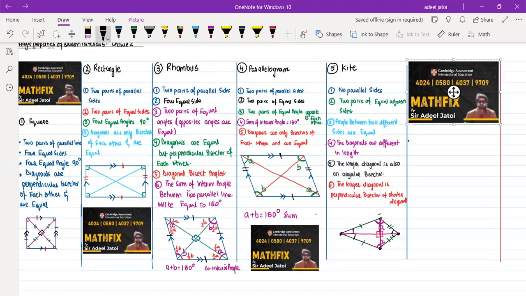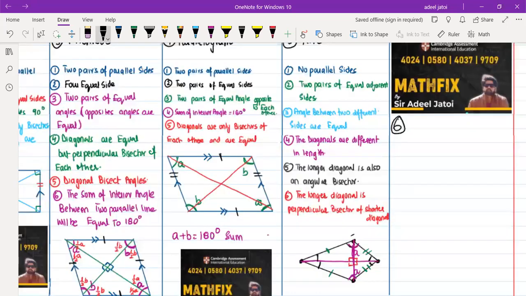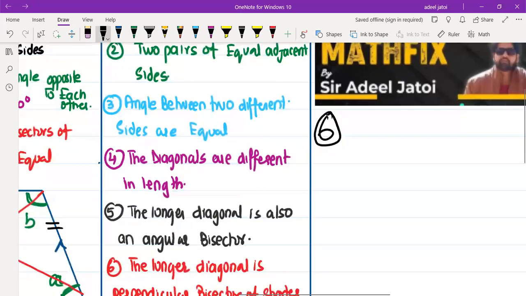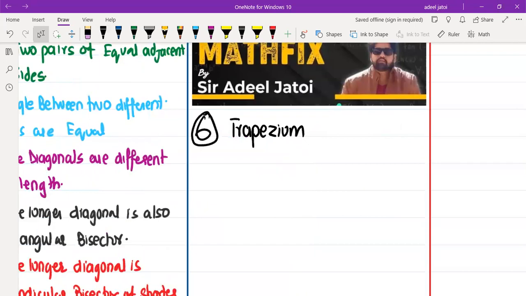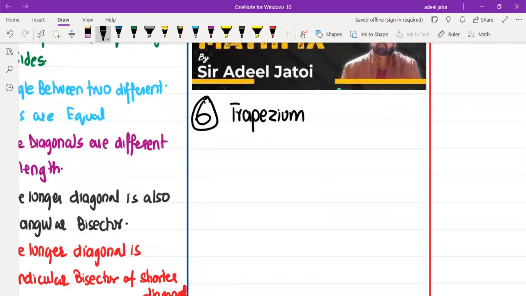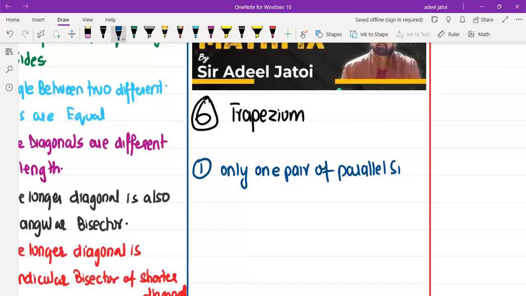The sixth quadrilateral property that we are doing is the trapezium. A trapezium is a four-sided figure as well. Only one pair of parallel sides.